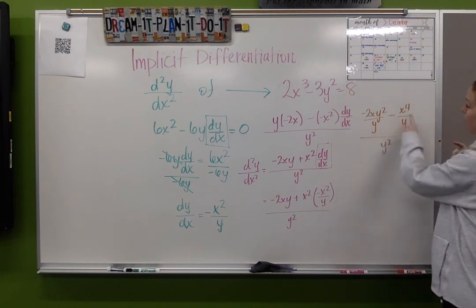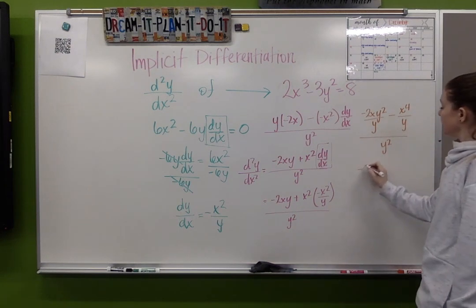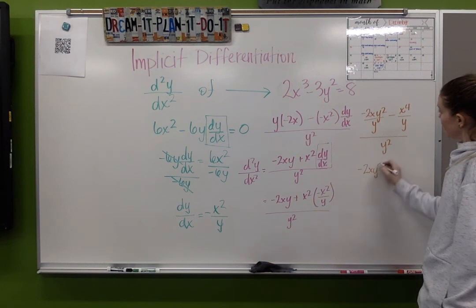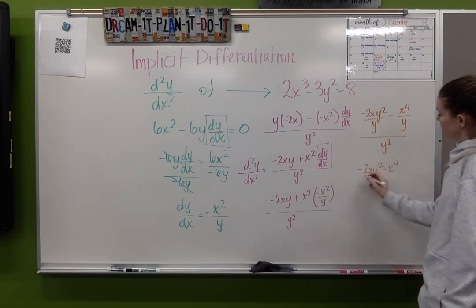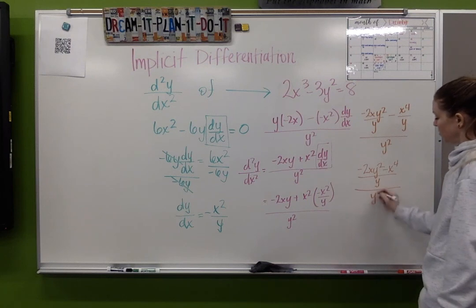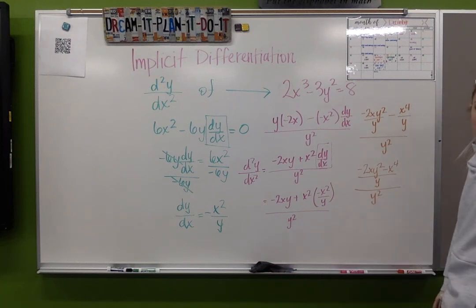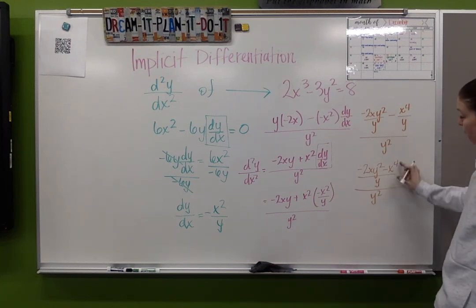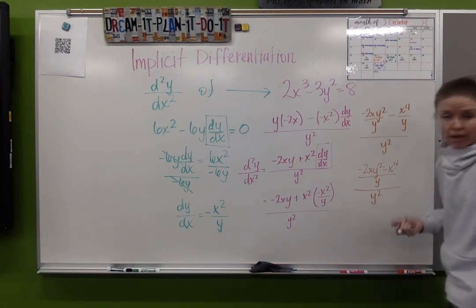So now I can combine these into one fraction: negative 2xy squared minus x to the 4th over y, all over y squared. We have a fraction inside of a fraction, so when we do that, we use our copy dot flop.